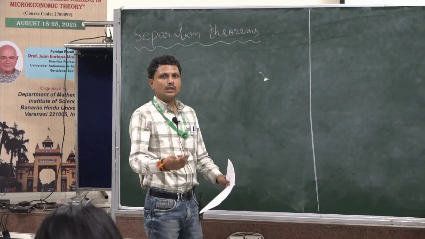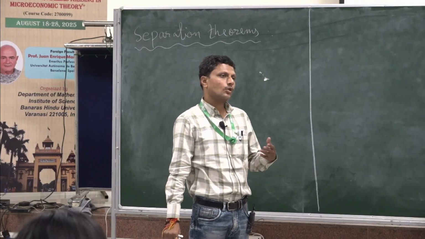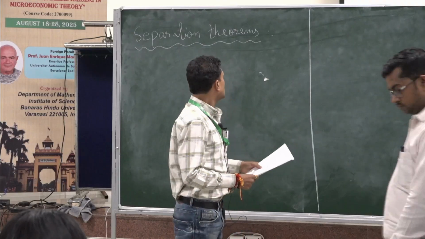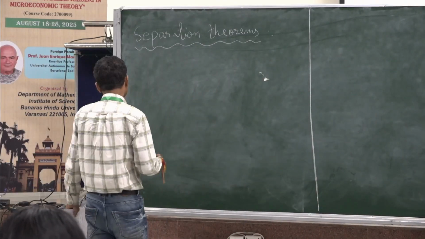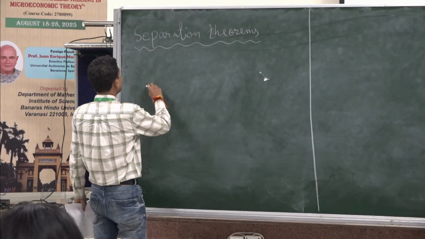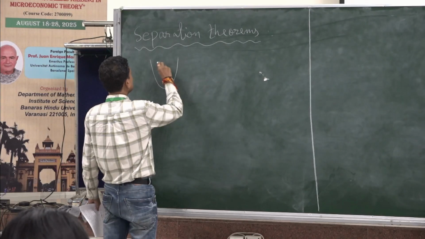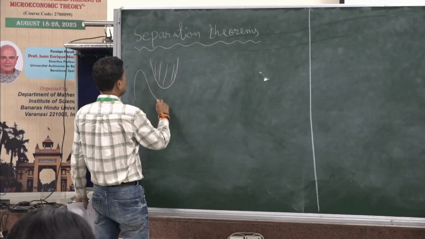We have seen that in some of the results discussed by Professor Johan Enrique, this separation theorem is used. So what are the conditions under which we can separate two sets? Suppose this is one set and another set is like this.